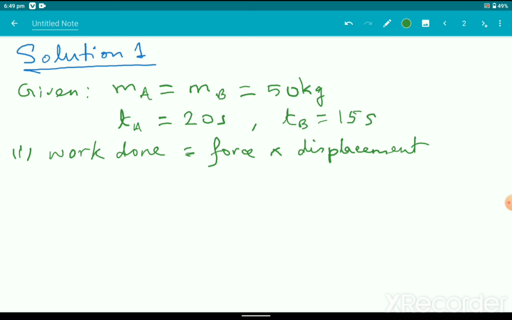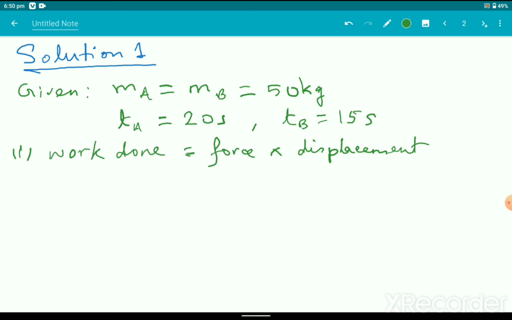Fine. So for the person A and person B, both have the same displacement as they climb up the same stairs, and as they have the same masses, obviously the forces acting on them are also the same. Hence they both need to apply the same force to displace their own body to the same height.